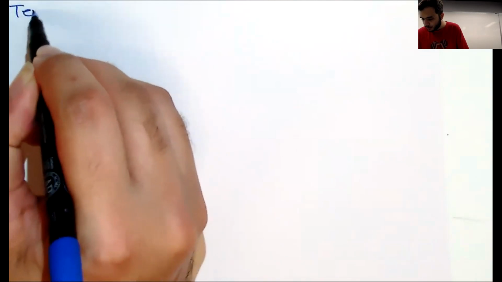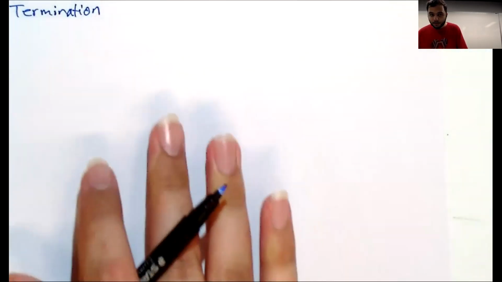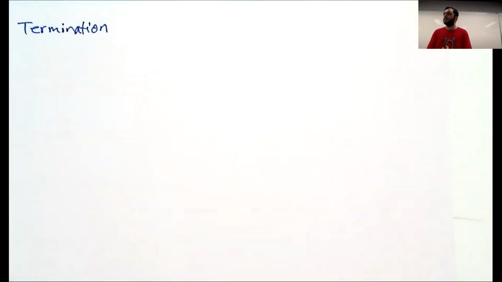So the problem that we're going to focus on today is the problem of termination. Very informally speaking, what termination means is that you are given some program and you want to figure out whether this program terminates or whether it goes into an infinite loop and runs forever.